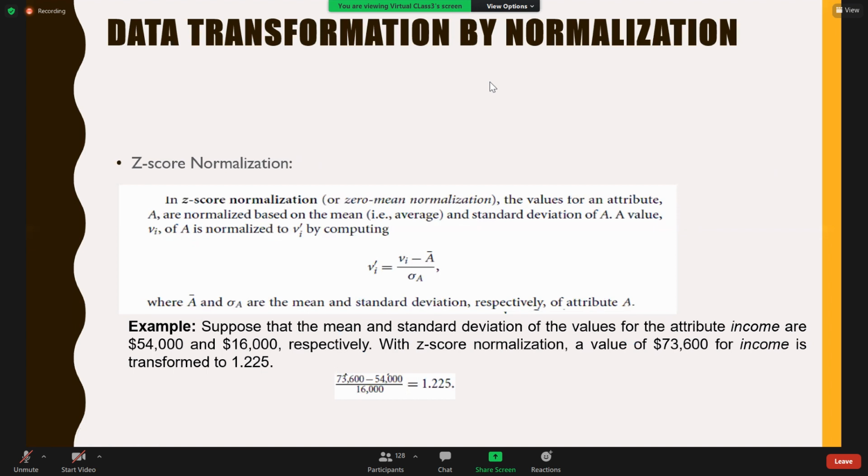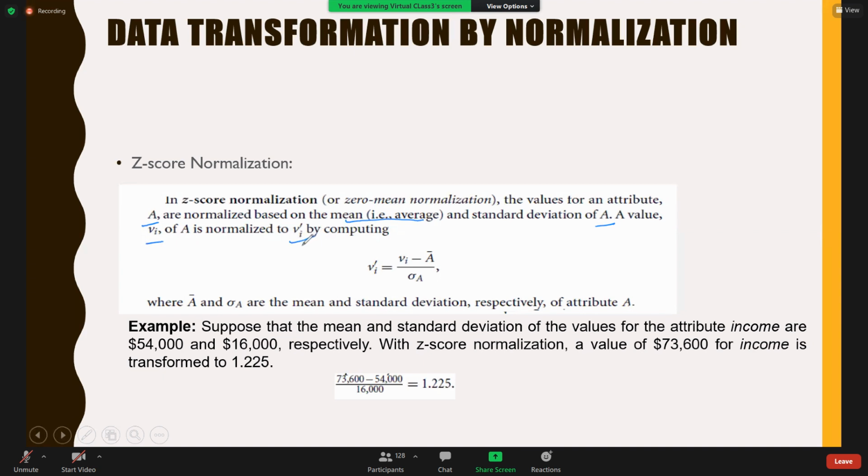And the next one is Z-score normalization, which is also called zero mean normalization. Here the values for an attribute A are normalized based on the mean, that is the average, and the standard deviation. If Vi is the input that is to be transformed, the output is Vi dash.